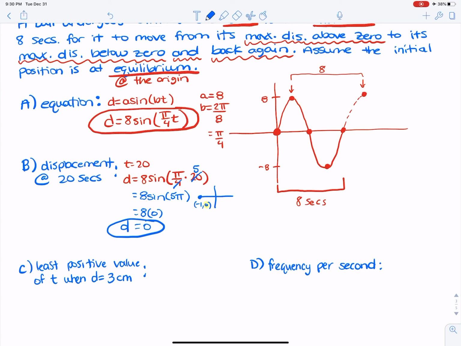Your displacement is 0. For C, the least positive value of t when d equals 3. So we said 3 equals 8 sine of pi over 4 t.